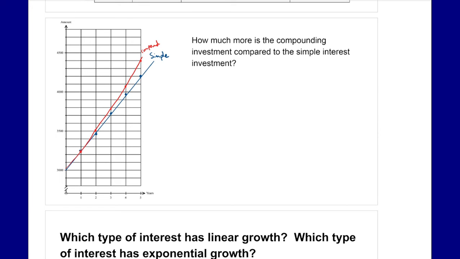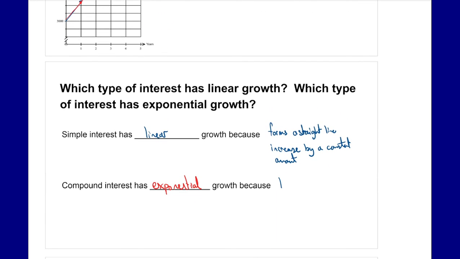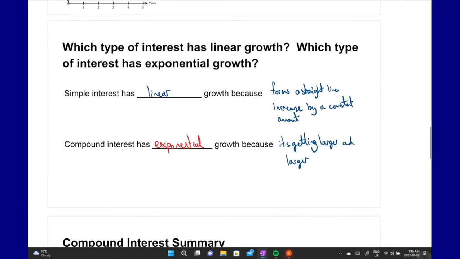We can see that it's getting larger and larger, or the dollar amount is getting larger and larger. So there's different ways that we can look at it.